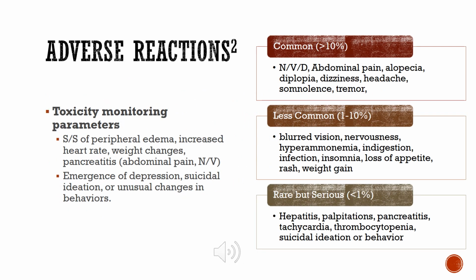In terms of side effects, we do have our common side effects that happen in about 10% or more of the population. We have nausea, vomiting, diarrhea, abdominal pain, alopecia (hair loss), diplopia (double vision), dizziness, headache, somnolence, and tremors.